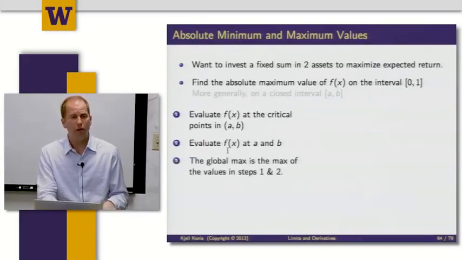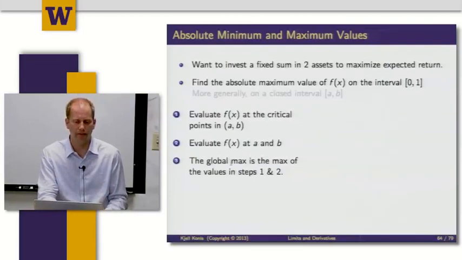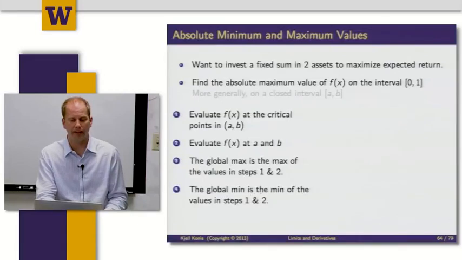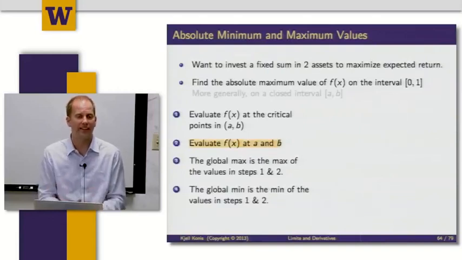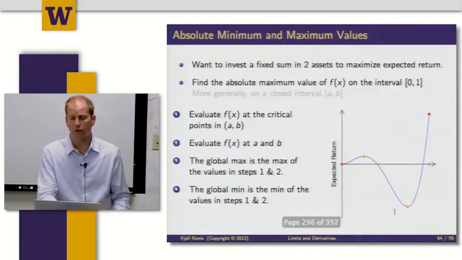The global maximum, since I know all of the points where it could occur on this interval, is just going to be the maximum of all of the points I find in steps 1 and 2. And the minimum is going to be the minimum of all the ones I find in steps 1 and 2. And really it's step 2 that I'm trying to harp on here, because this is what could happen.